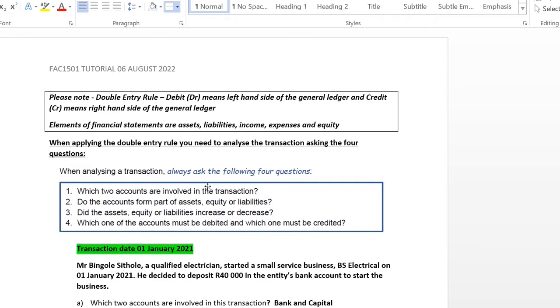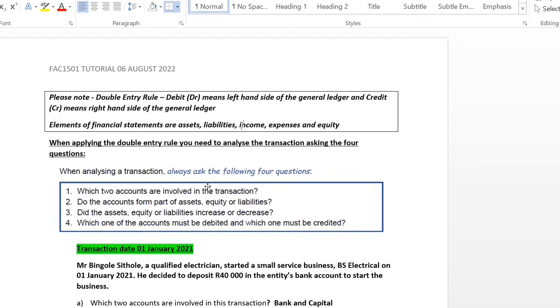So I'm going to give you the example of that scenario whereby VW, the dealership, is buying stationery from Waltons. Number one is expense and bank. Number two is an asset and an expense, stationery and bank account. Number three is the expense is increasing because we are increasing our expenses in the business.